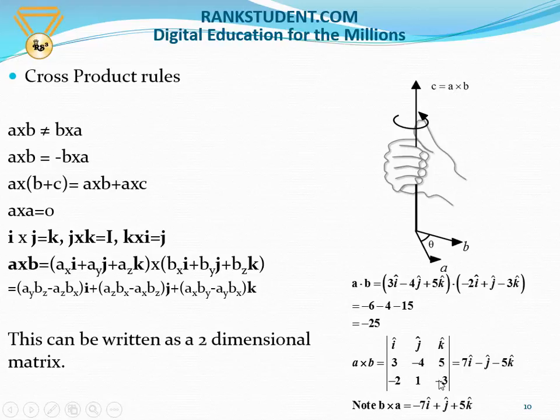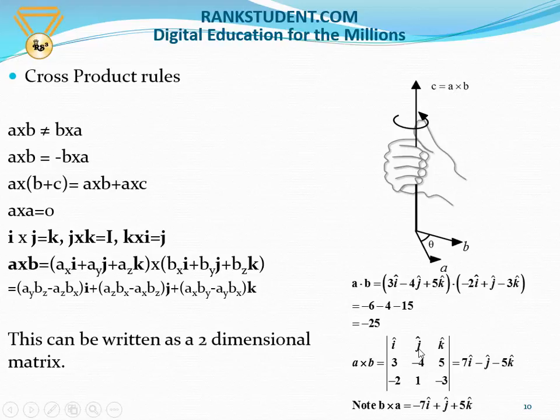Then A cross B is the following. For I, you cross out the column and the row, and then you multiply the next component, minus 4, with the cross component of the other vector: minus 4 times 3, minus 5 times 1.